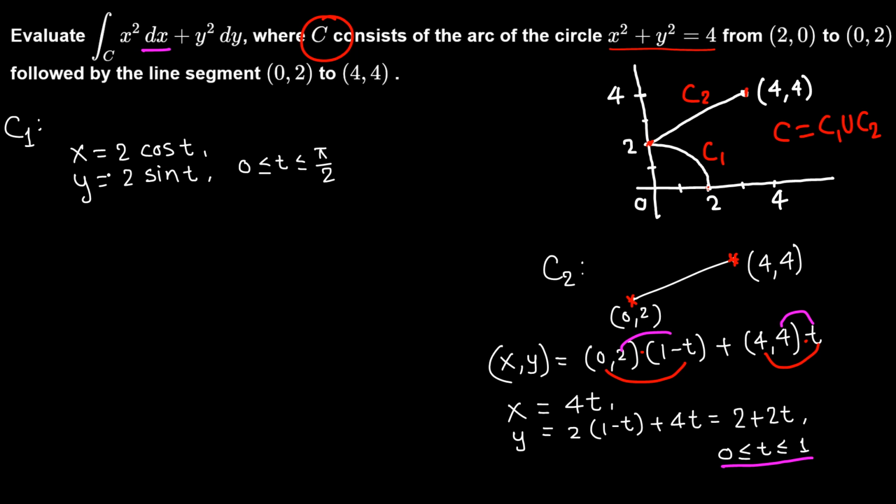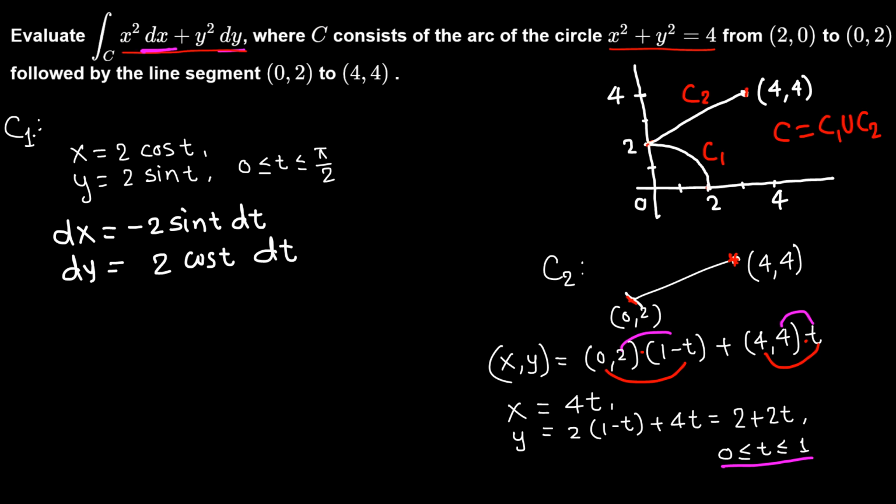We know that x is 2 cosine t, so dx over dt, the derivative with respect to t, is 2 times negative sine t, so dx is negative 2 sine t dt. We also need dy, so dy over dt, written in differential form, is 2 cosine t dt.